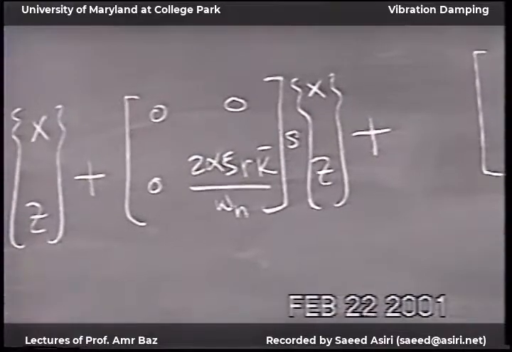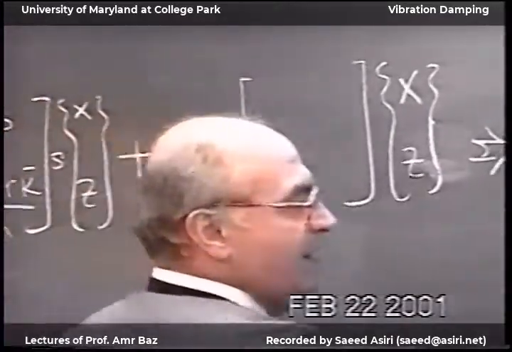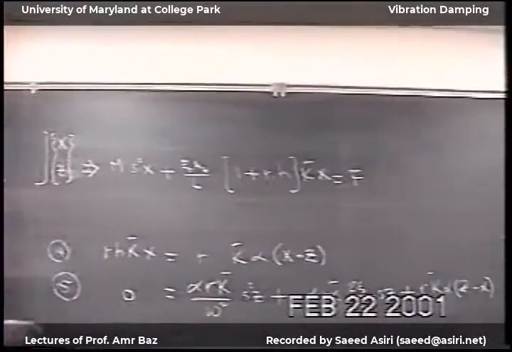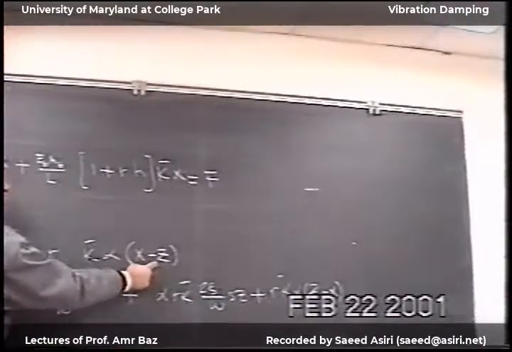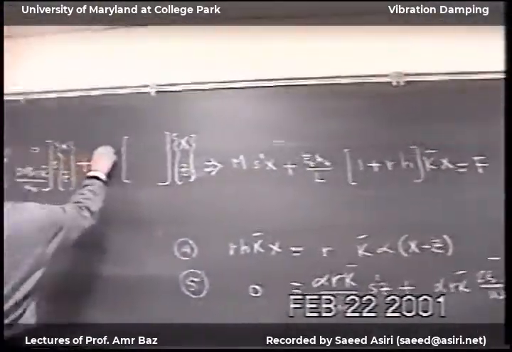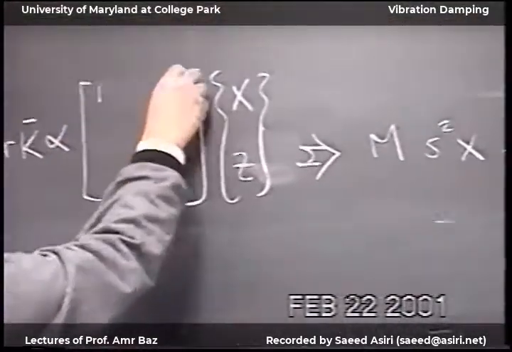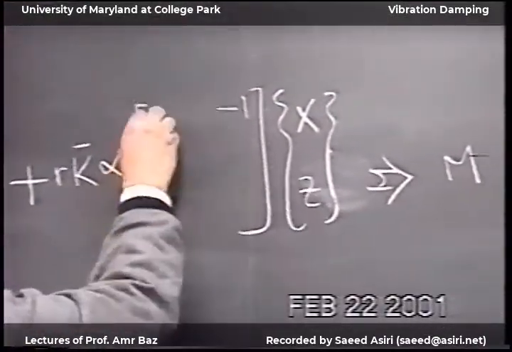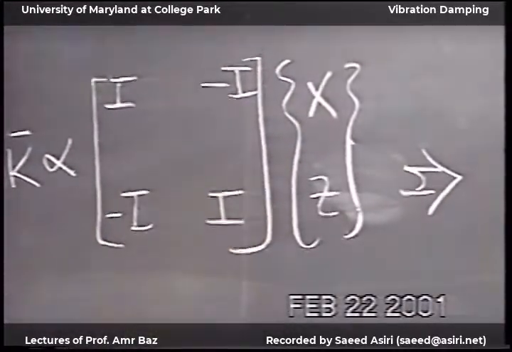And then the last term, I have x and z here, and I have x and z here. The first term is R K alpha times x, and then minus z. And then here's the reverse. So this will be R K prime alpha, and then this would be 1, minus 1, or identity, minus identity, minus identity, and identity.